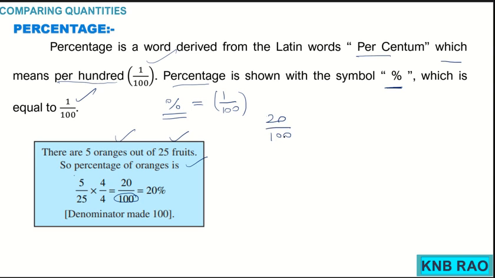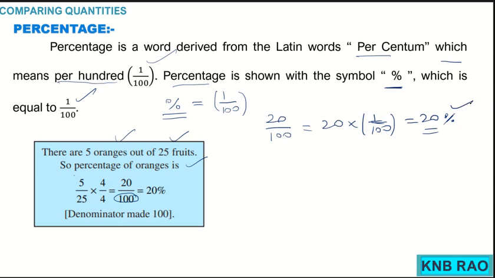which is the fraction with the denominator 100, and can be written as 20 into 1 by 100. That symbol 1 by 100, I am representing with the percentile symbol. So for this numerator 20, instead of 1 upon 100, I am writing the percentile symbol.